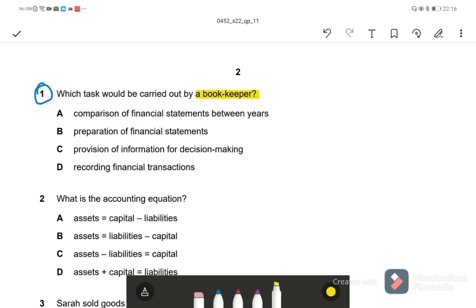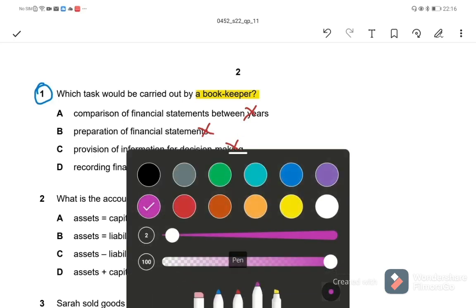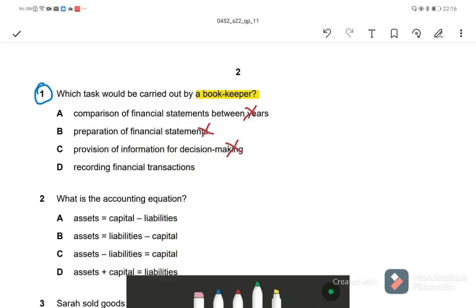So the first option is not correct. Preparation of financial statement, provision for information for decision making. So the correct answer is option D.